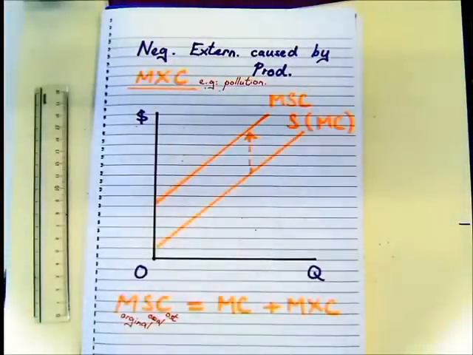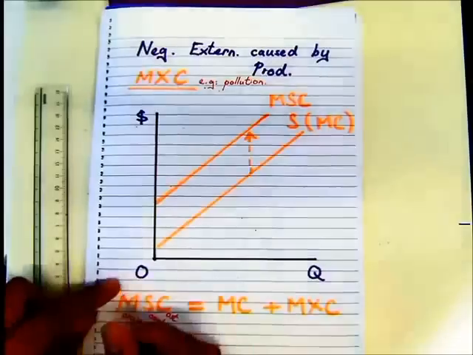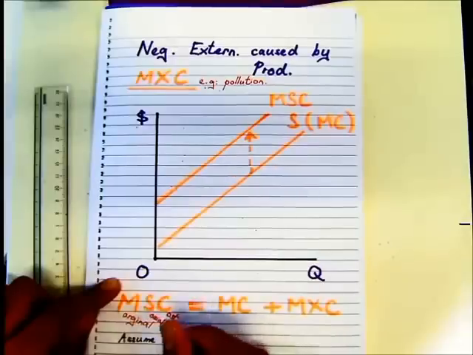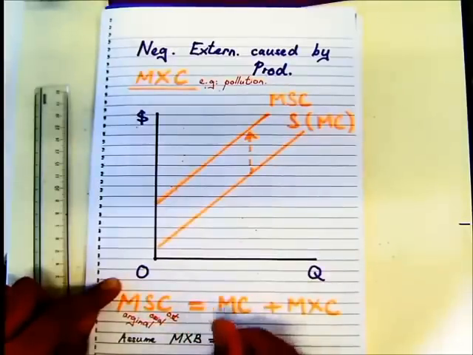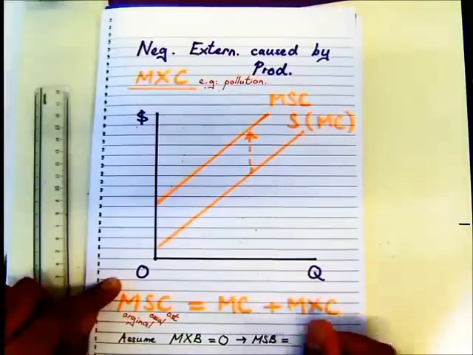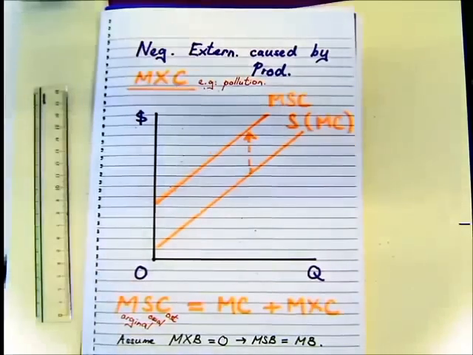Since we're doing only one at a time, we're going to assume that external benefits are 0 in this example. If external benefits are 0, then marginal social benefit is equal to marginal benefit.